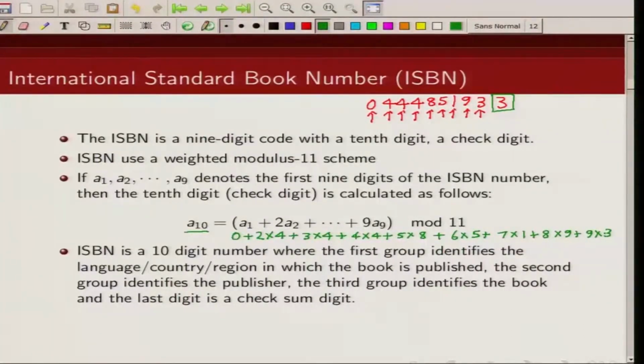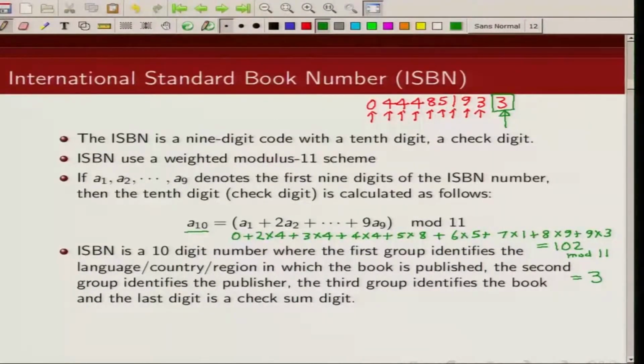Okay. And this comes out to be 102. Now, 102 modulus 11 is, so 11 9s are 99. So, it will be 3 modulo 11. So, this 102 modulus 11 is going to be 3, and that is precisely our check digit.